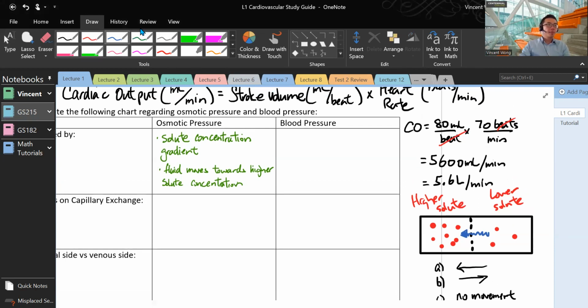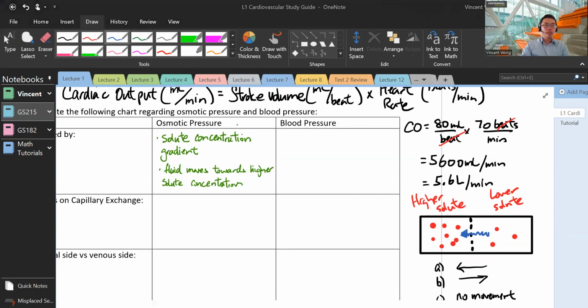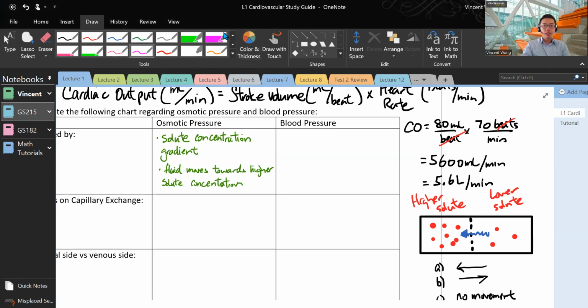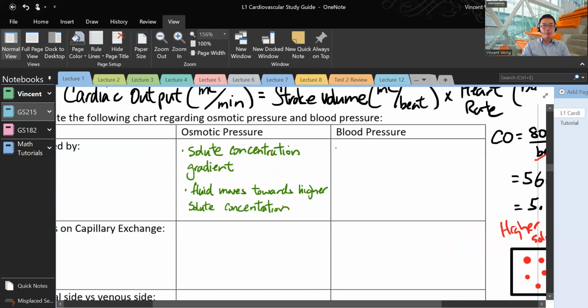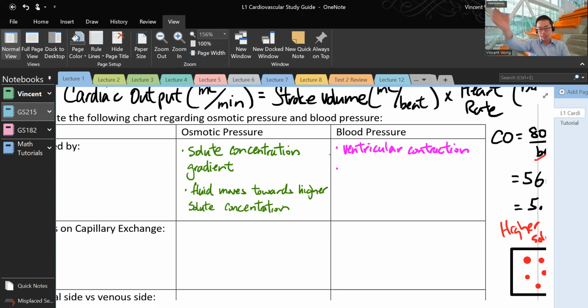Okay, let's talk about blood pressure. What creates the blood pressure? Well, we mentioned that earlier, right? The blood pressure is caused by ventricular contraction. When the ventricle contracts, it creates a pulse that would be propagated, transferred down the blood vessels.